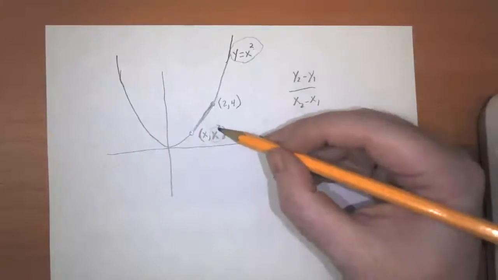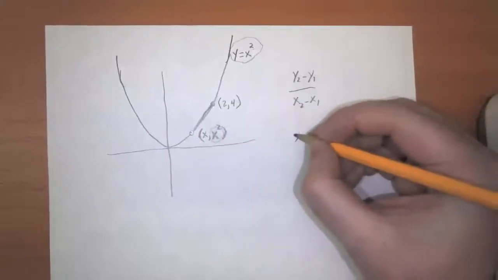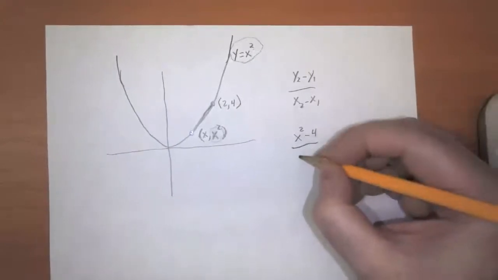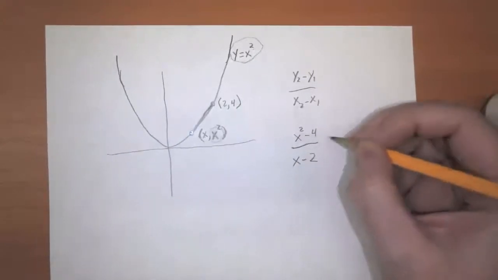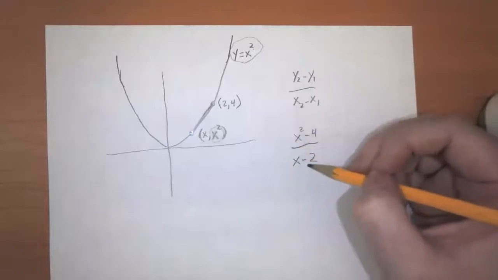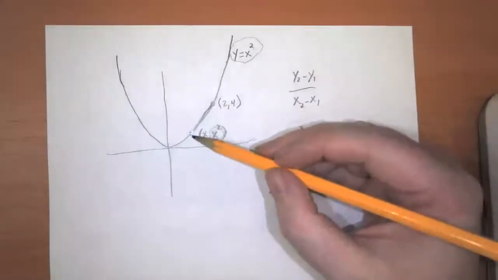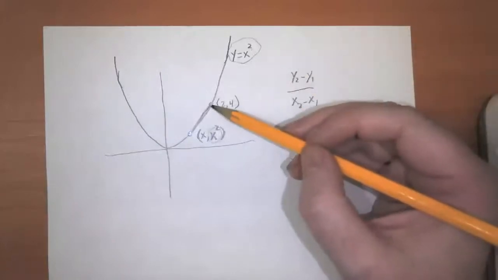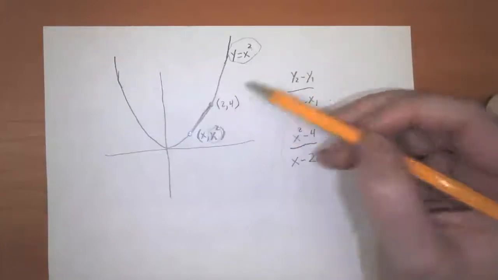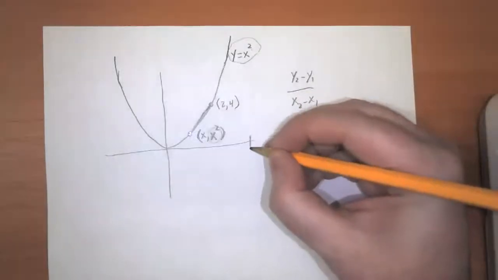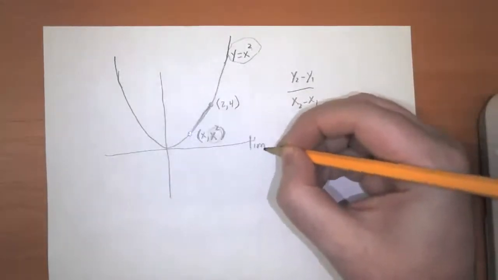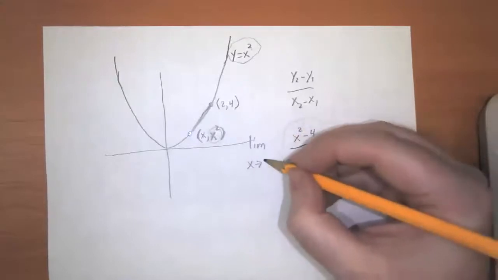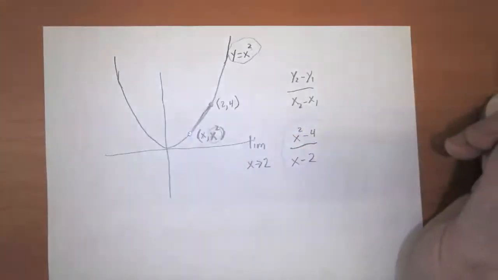So here that's going to be x squared minus 4 over x minus 2. This is the slope of this line segment as x moves around. And in order to form the instantaneous rate of change when x is equal to 2, I want to find the limit of that ratio as x approaches 2.